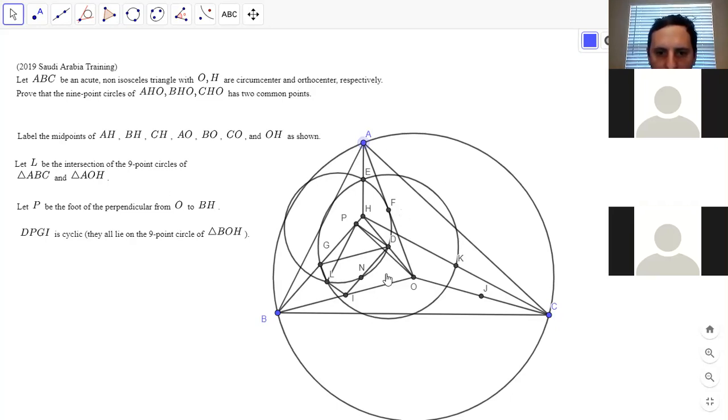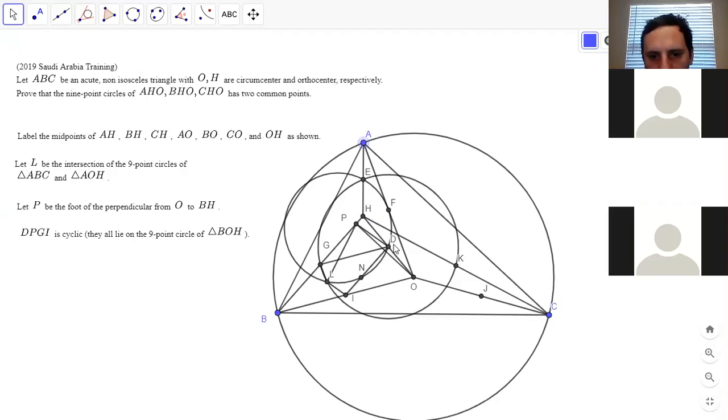That means angle FLD is FED. So FLD is equal to angle FAH. No, I'm sorry. Is that right? It's AOH.